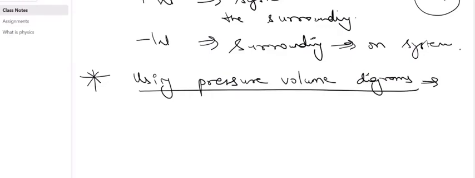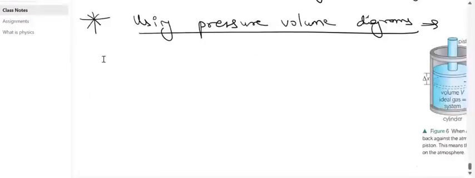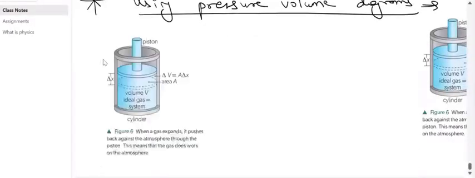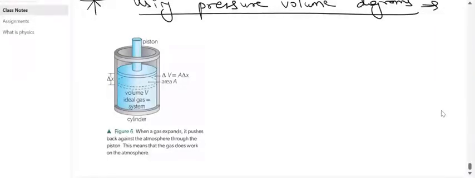Just give me a sec. Okay, so here is your picture. Now I can see two pictures. I'm deleting the other one. Is it visible? Yes, ma'am.